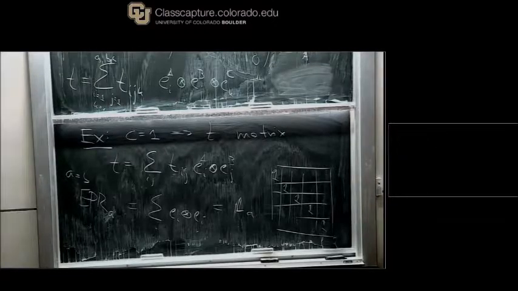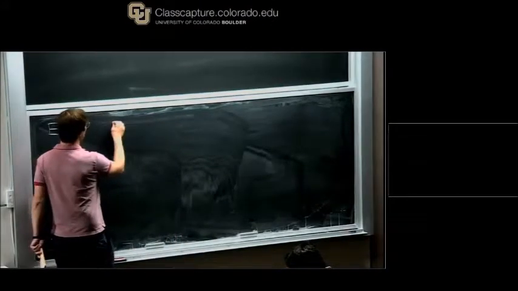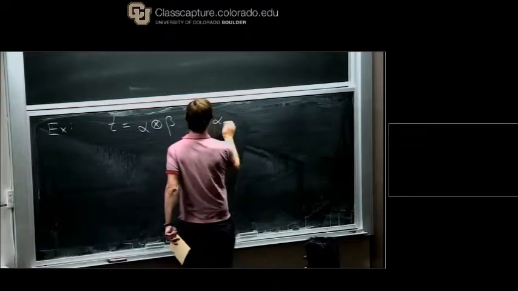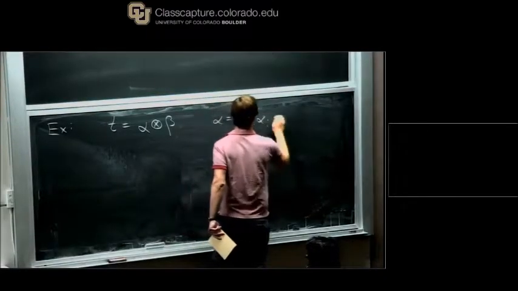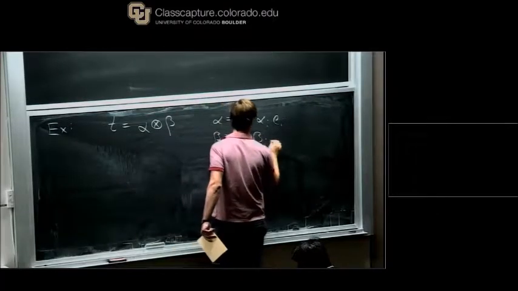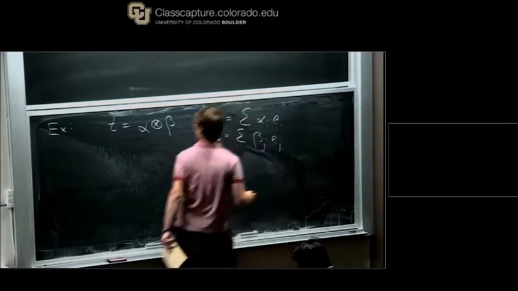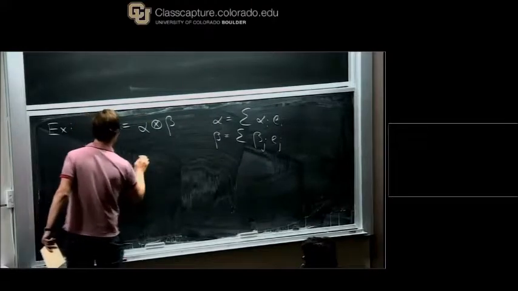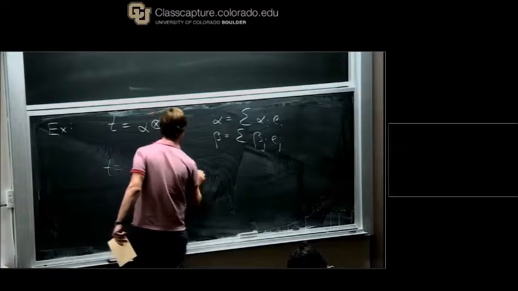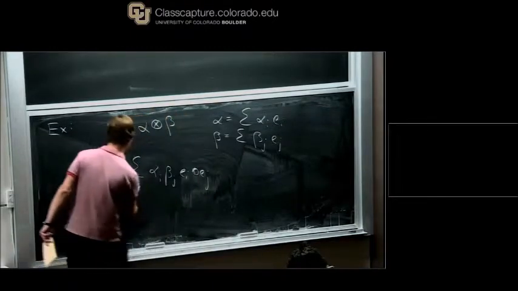There are, of course, other examples in this matrix case that are important for us, and the next important example is also a matrix, but it's product states, right? So if my T is of the form alpha tensor beta, where I write alpha as sum over alpha I EI and beta as sum over beta J, EJ, then of course my T will be just the sum over alpha I, beta J, EI tensor EJ.